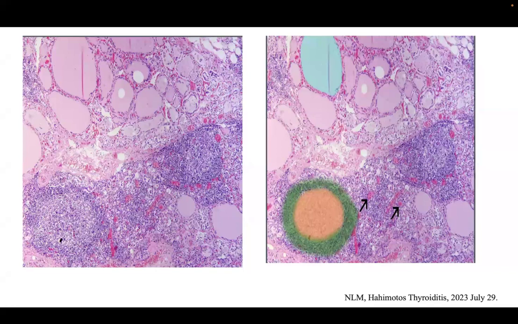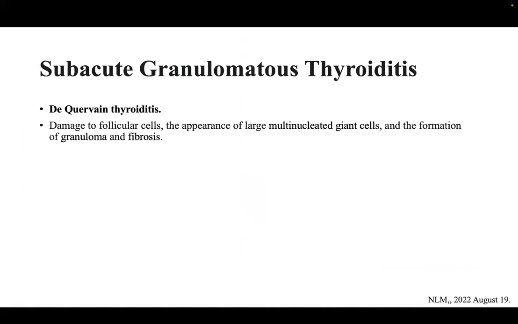And in addition, there are a lot of congested blood vessels, and lymphoid follicles are prominent with a germinal center. It is indicating a visibly inflamed region which is seen in the greenish area. So this is the histological picture of Hashimoto's thyroiditis.